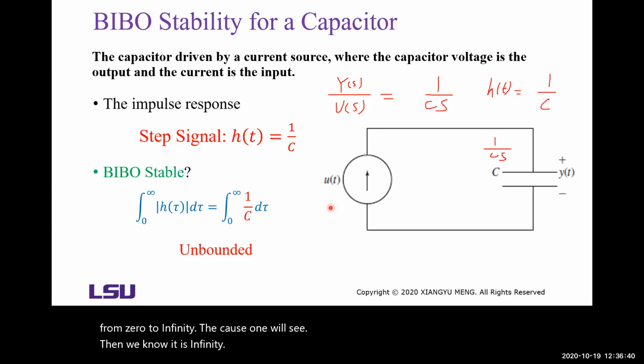Therefore, the impulse response is not absolutely integrable, so it is not BIBO stable, since the impulse response does not approach 0. It is also not stable from the impulse response perspective.